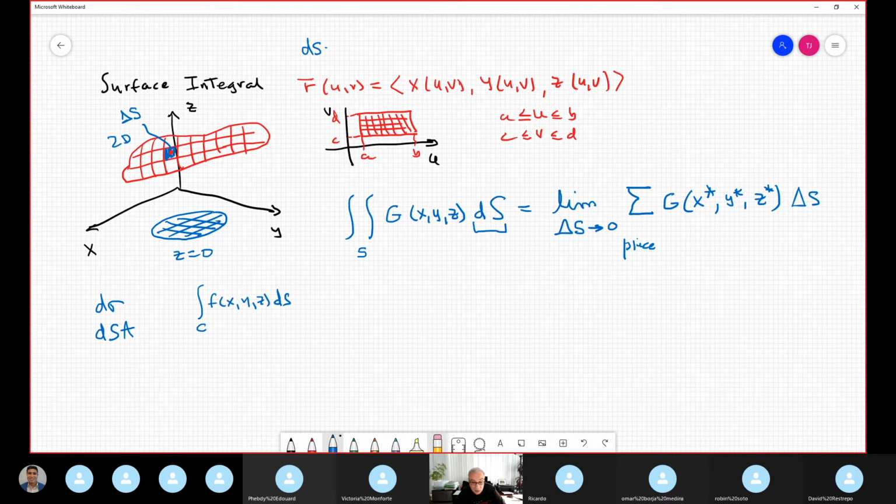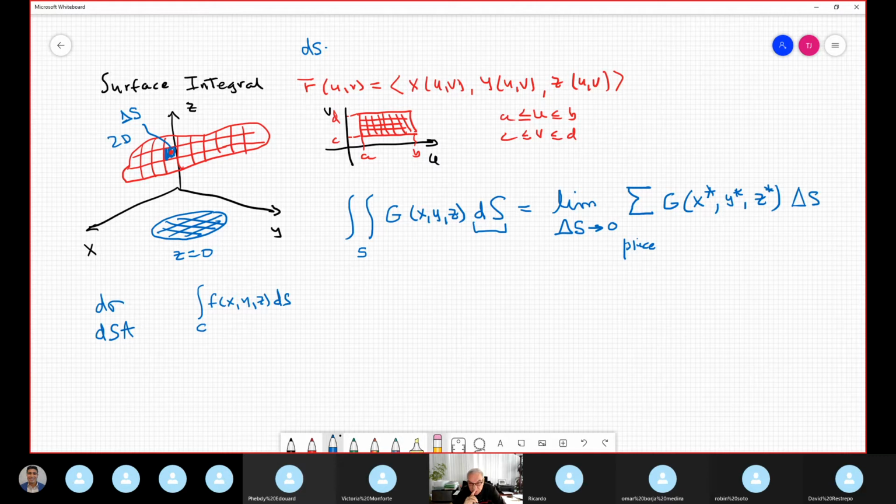Now I want to show you how we convert this surface integral into one double integral. It's a similar idea to converting a line integral to a regular integral like in Calculus 1. But first of all, interpretation.